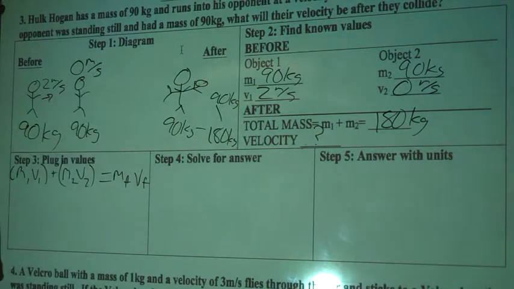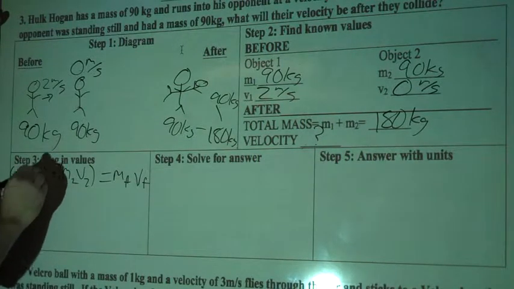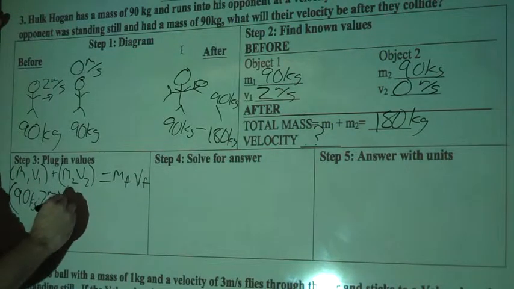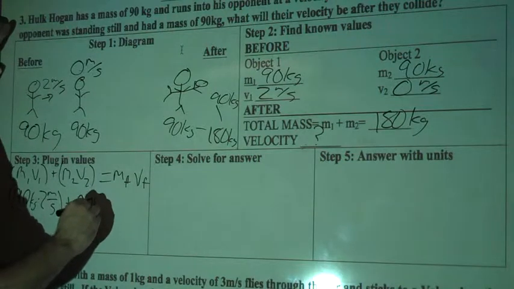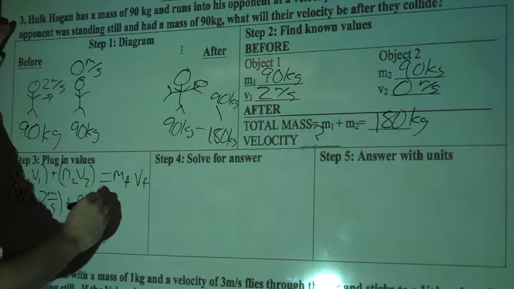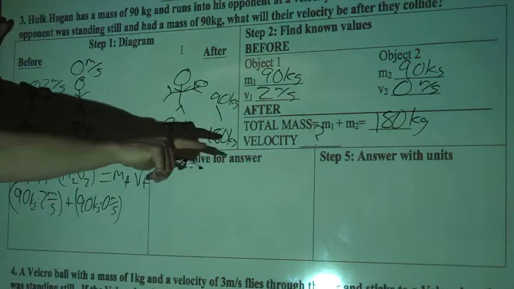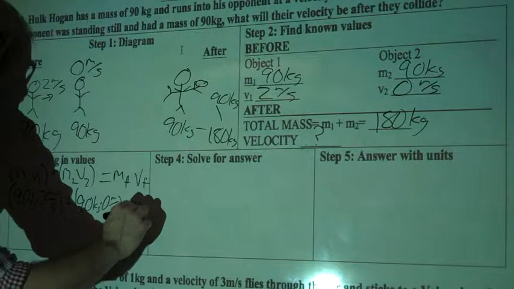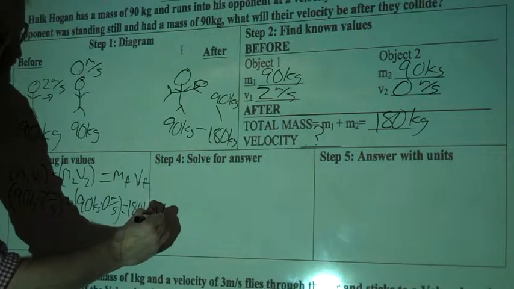My M1 was 90 kilograms times V1, which was 2 meters per second, plus M2, which was 90 kilograms, times 0 meters per second. My final mass, the total mass, is 180 kilograms, and I don't know my final velocity, so that's times VF.